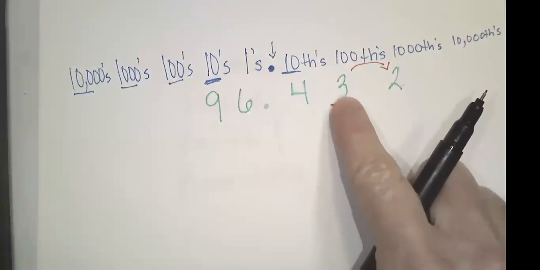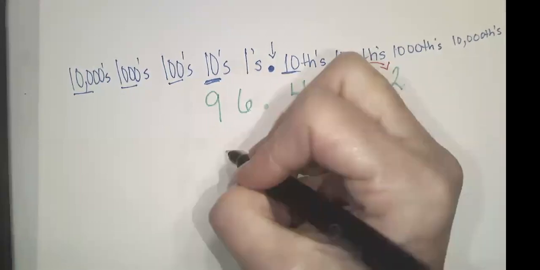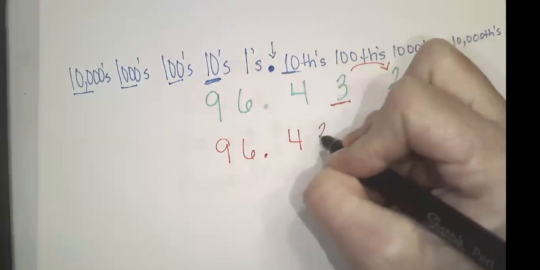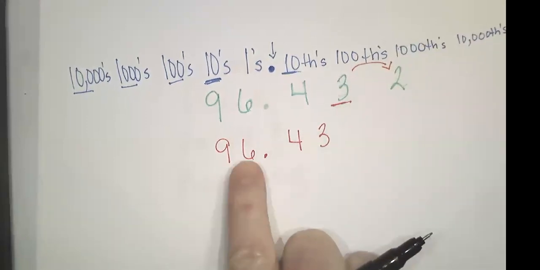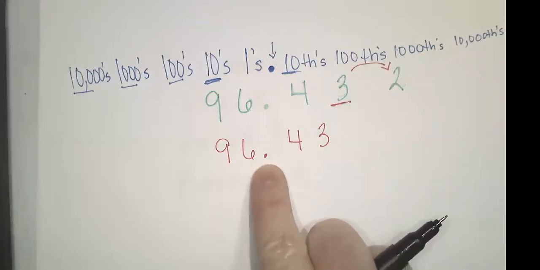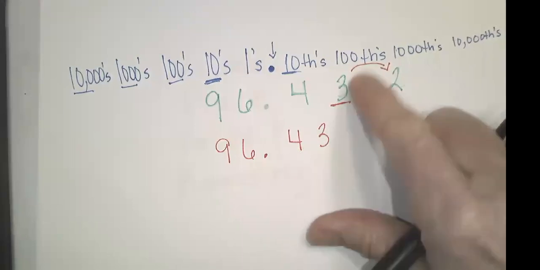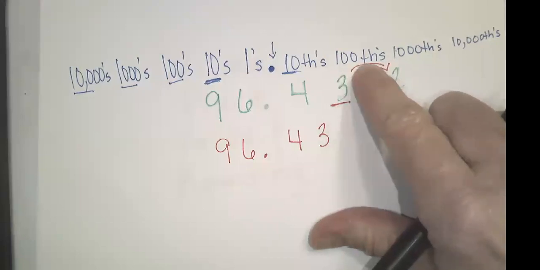So if I was rounding to the hundredth place, my number would just look like this. I would read the number 96. I would use the word and when I see the decimal, 43, and I would say the place that it stopped in, hundredths.